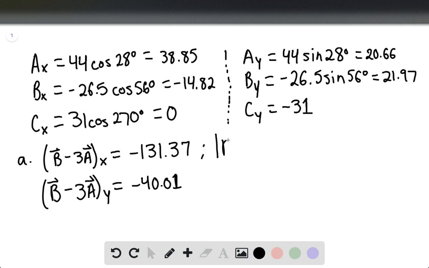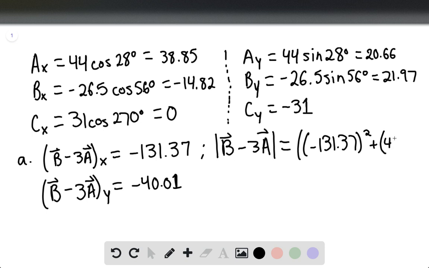So to find the magnitude of b minus 3a, this would be equal to negative 131.37 squared plus negative 40.01 squared, and all to the 1/2 power.